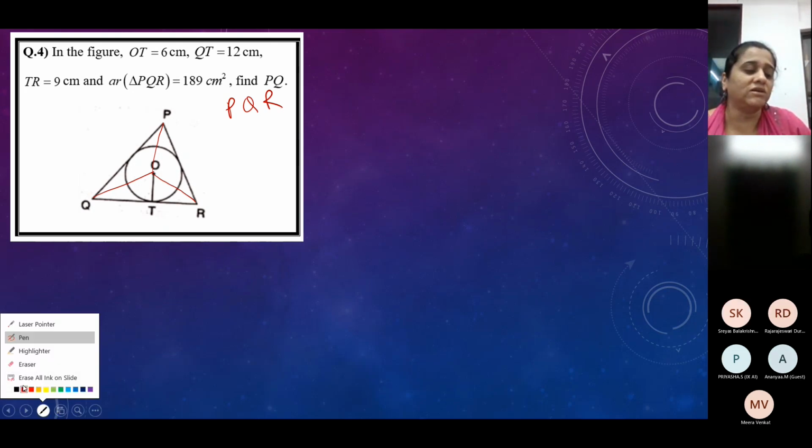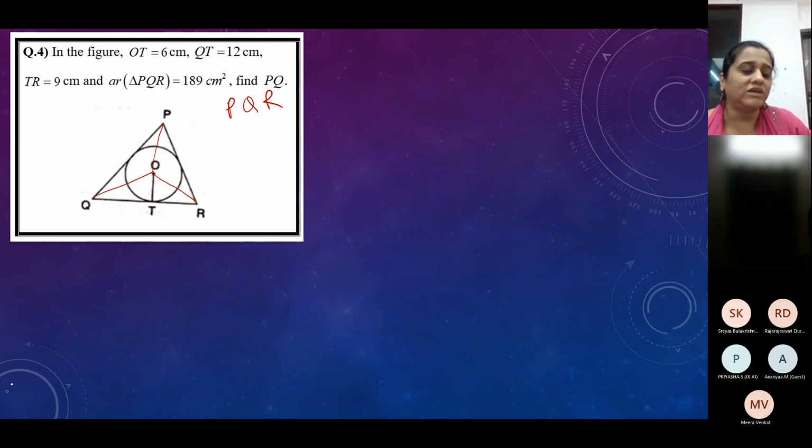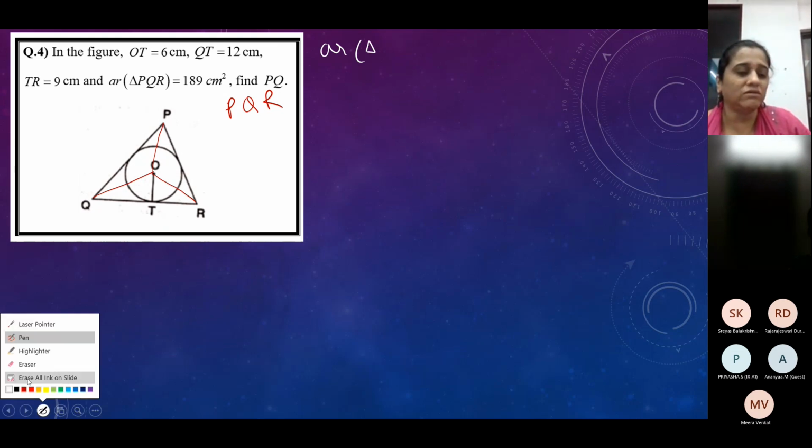Step 1, join OP, join OQ, join OR to divide the triangle PQR into 3 smaller triangles. That's the first step. Now we are going to construct an equation from this.